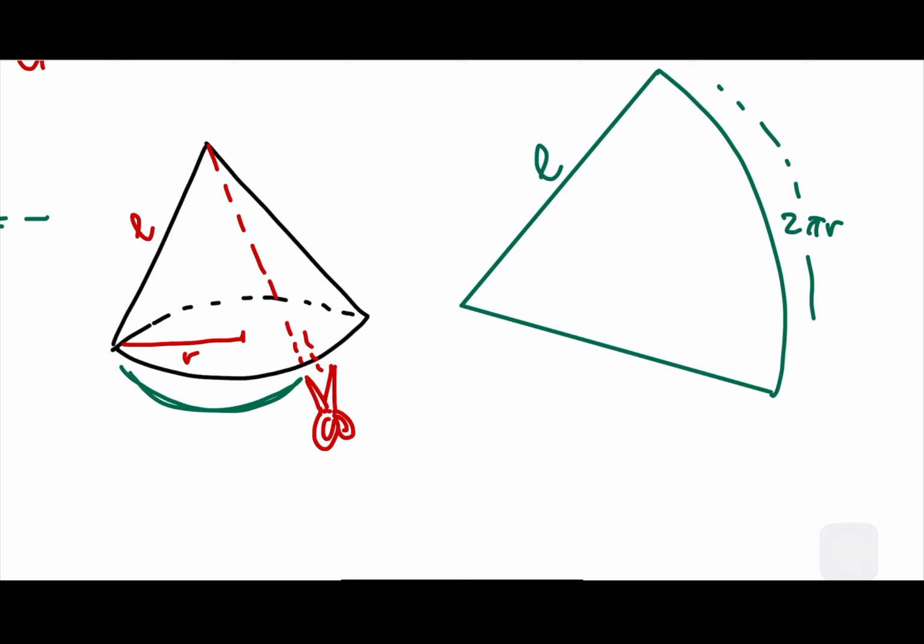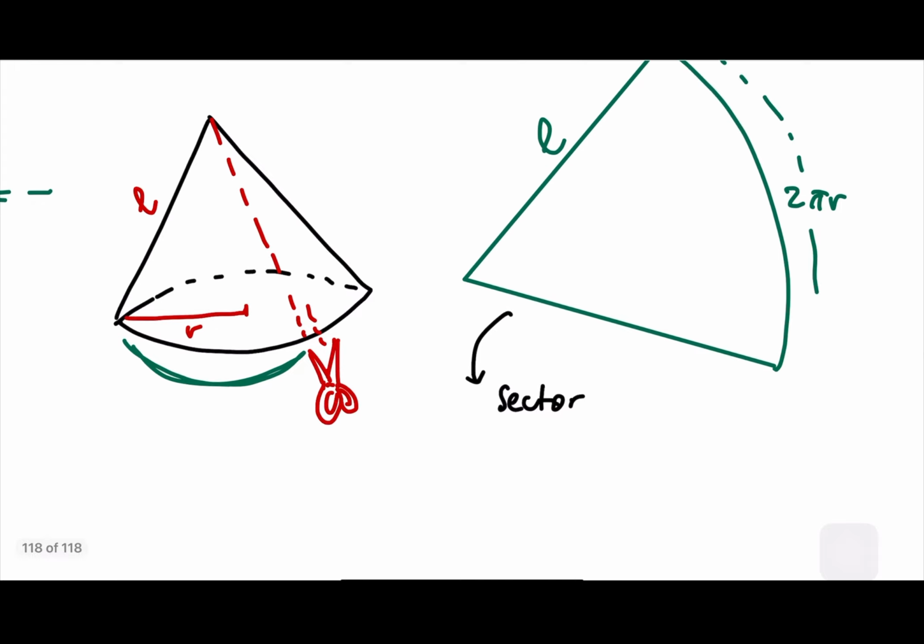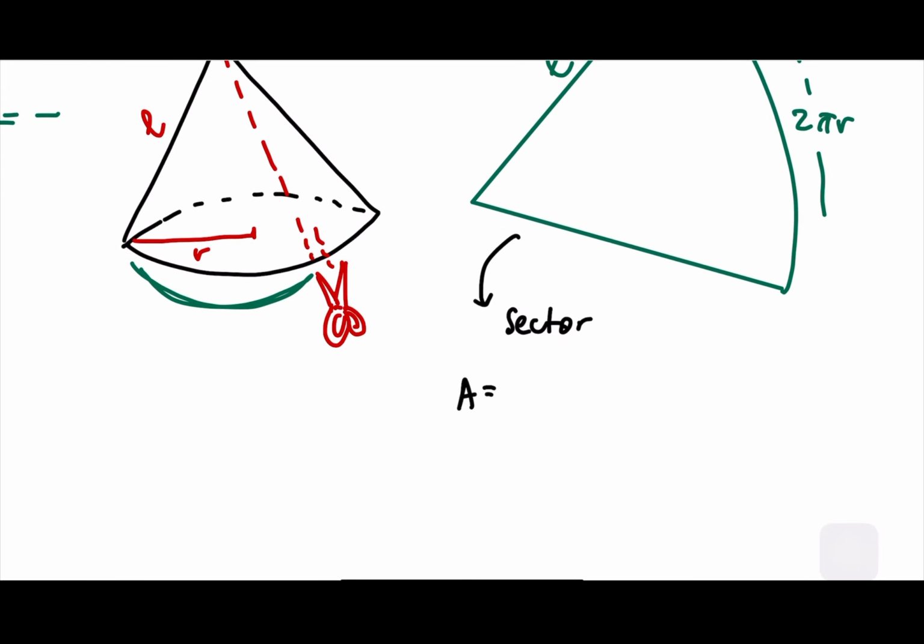Now if you want to know the area, we call this the sector. The sector has the area: if we have angle theta there, we will have theta over 2 pi multiplied by pi L squared, or half of L squared theta.